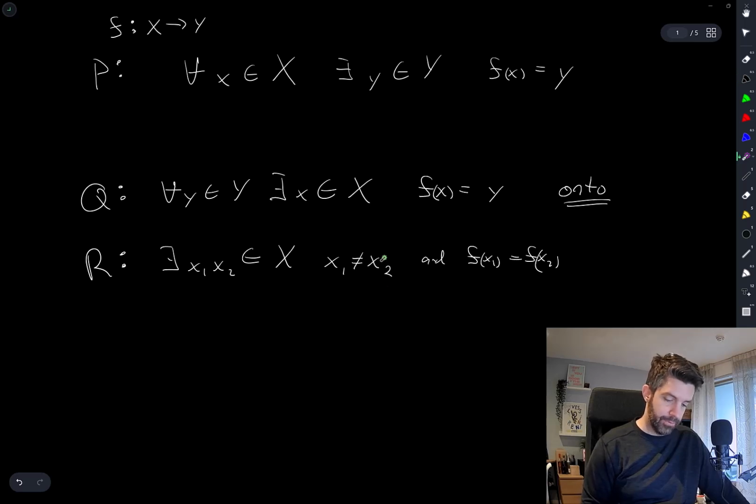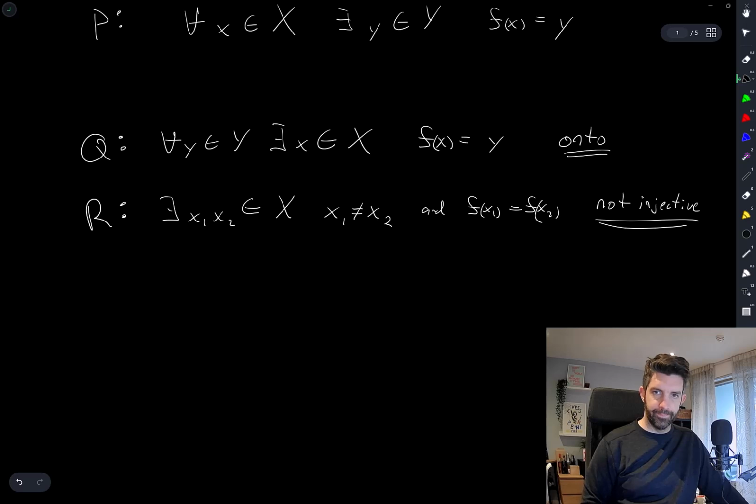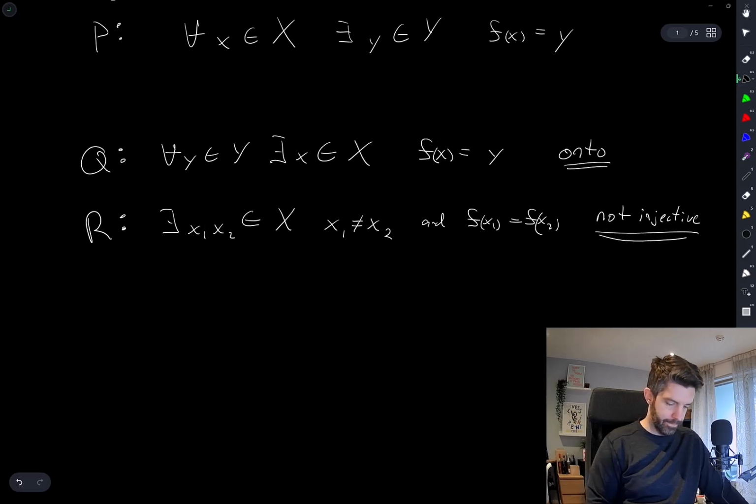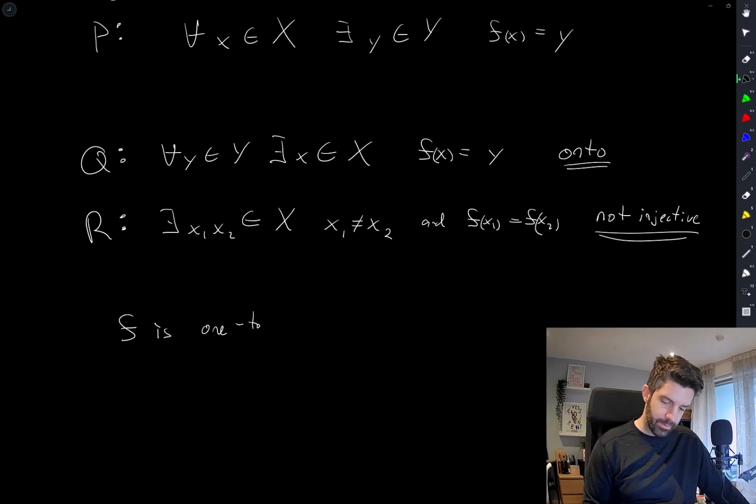If I have different x1 and x2, but the function is equal at these two points, this says not injective, so not 1 to 1.